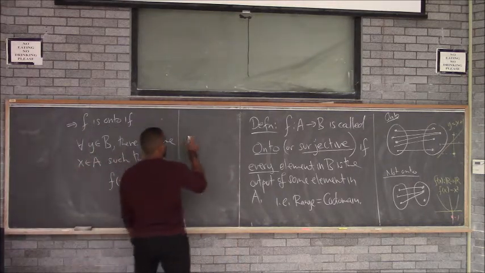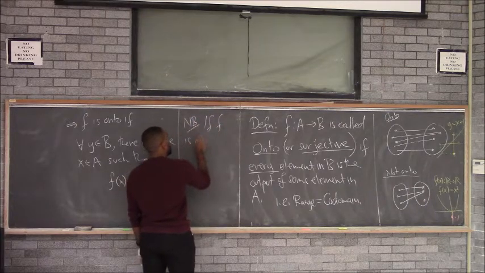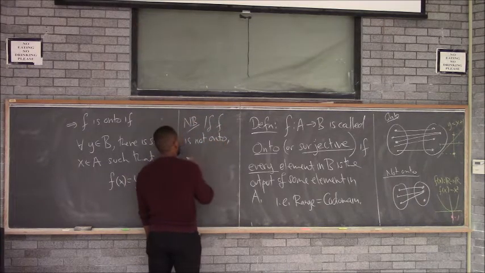Now here's something to note. Note, if f is not onto, it cannot have an inverse.